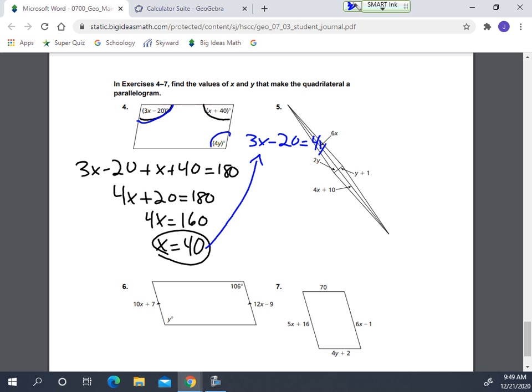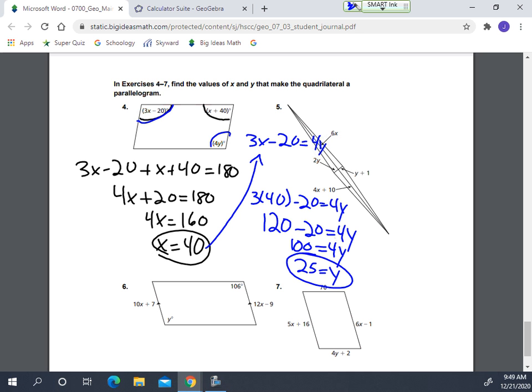Throw 40 into my x, so I get 3 times 40 minus 20 equals 4y. 3 times 40 is 120, minus 20 is equal to 4y. 100 is equal to 4y. y is equal to 25. A lot of math involved there. But we did it. We accomplished number 4.